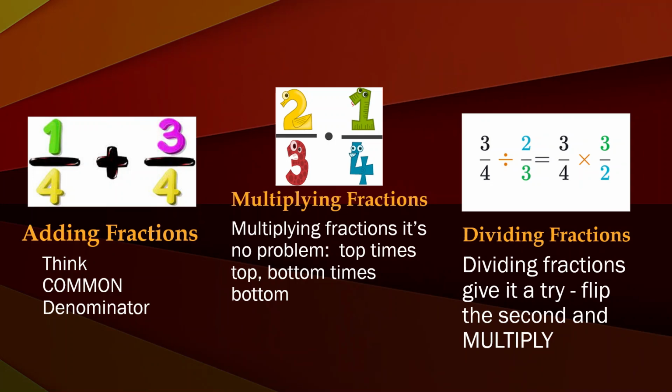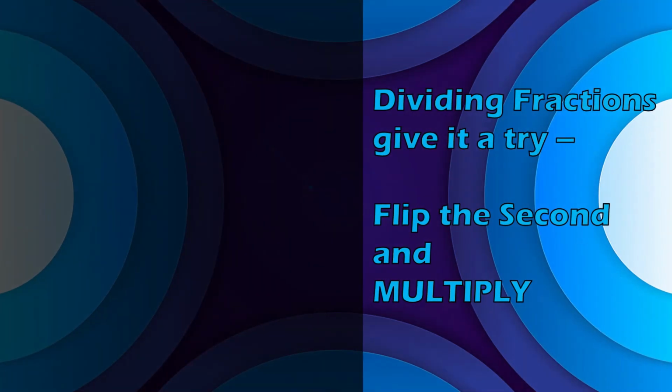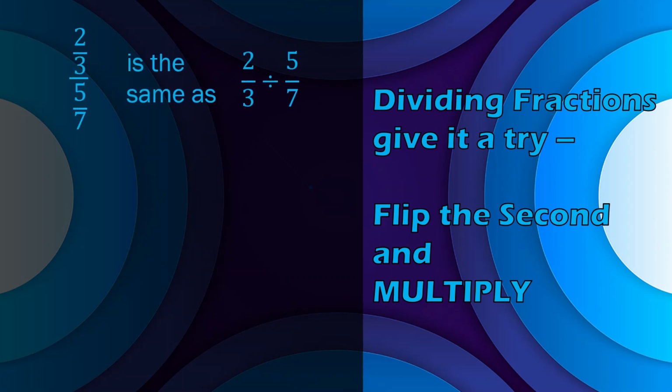So the last thing we want to talk about is dividing fractions. What I want you to think about when we divide fractions, let's do this little saying. Dividing fractions, give it a try, flip the second, and multiply. So here we see an example, 2 over 3 divided by 5 over 7. Now y'all, that's the same as writing it side by side, 2 over 3 divided by 5 over 7.